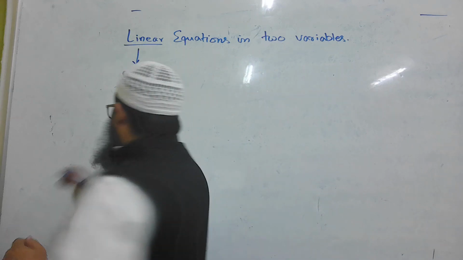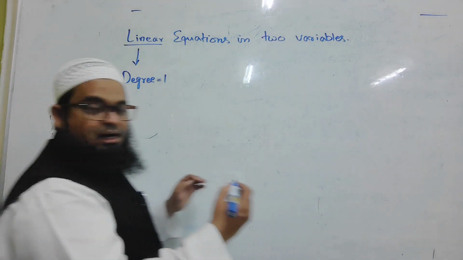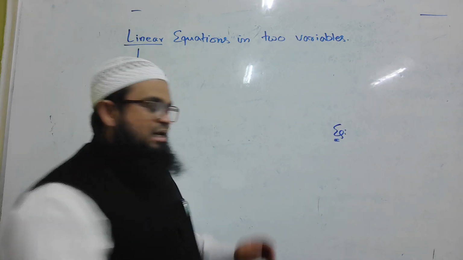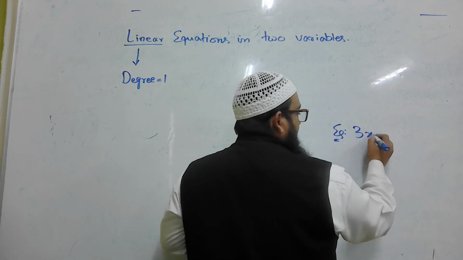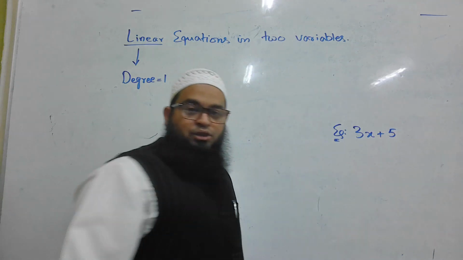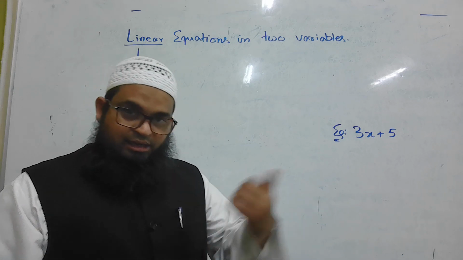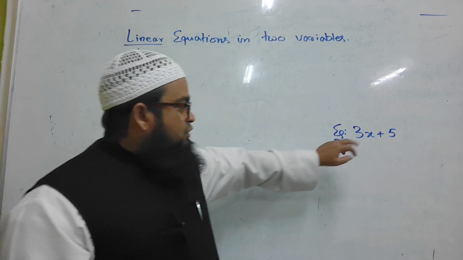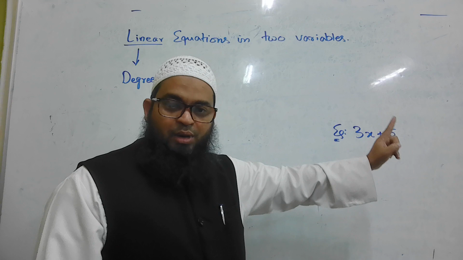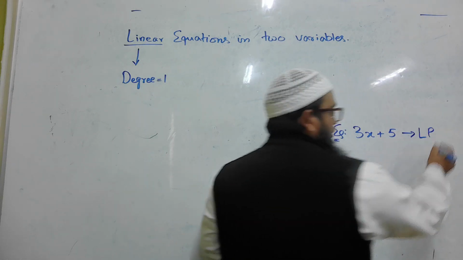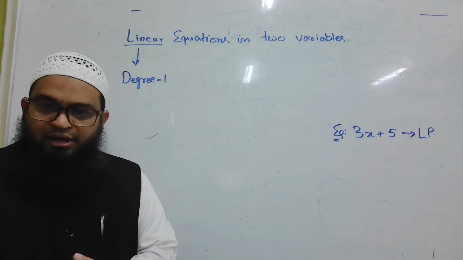For example, 3x plus 5. So 3x plus 5 is a polynomial. We have studied in grade 8 as well as in grade 9. What is the power of x? It is 1. Therefore it is called a linear polynomial. Understood, my dear students?